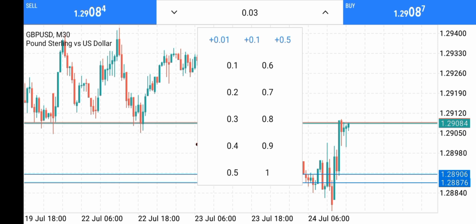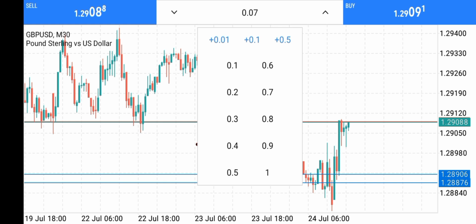As you can see on the center of the screen, it is now 0.03. If you tap here again, you'll see there is an increase: 0.04, 0.05, 0.06. It depends on the amount of lot size you want to use to enter a trade. And remember what I say: the amount of lot size, the size of your lot size.